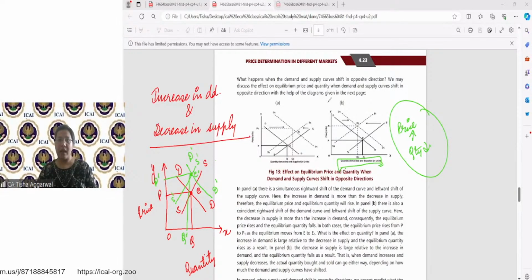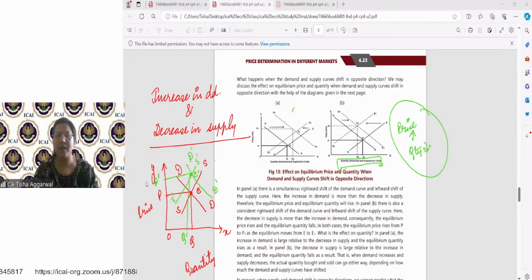Come on. I want another example to be done by you wherein the demand is increasing more and the supply is decreasing less. I want this to be done by you, both the diagrams. All of you are going to make it.